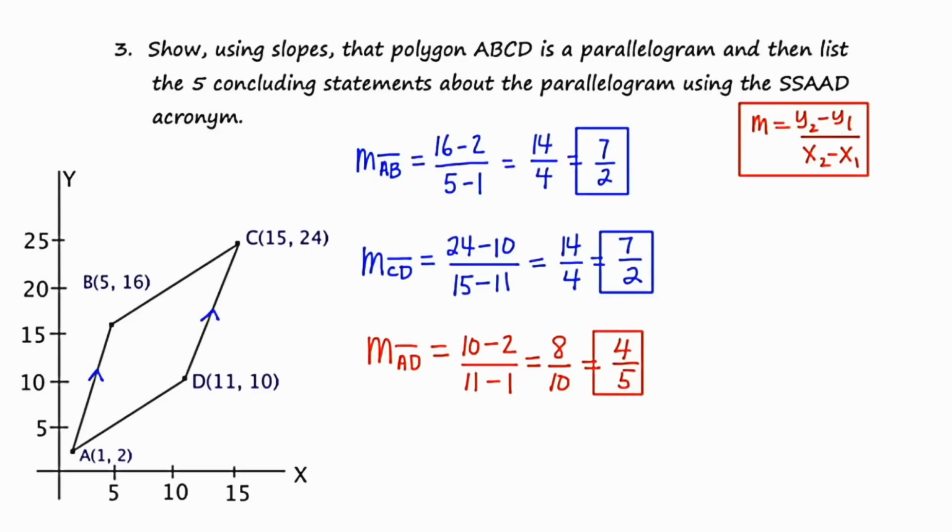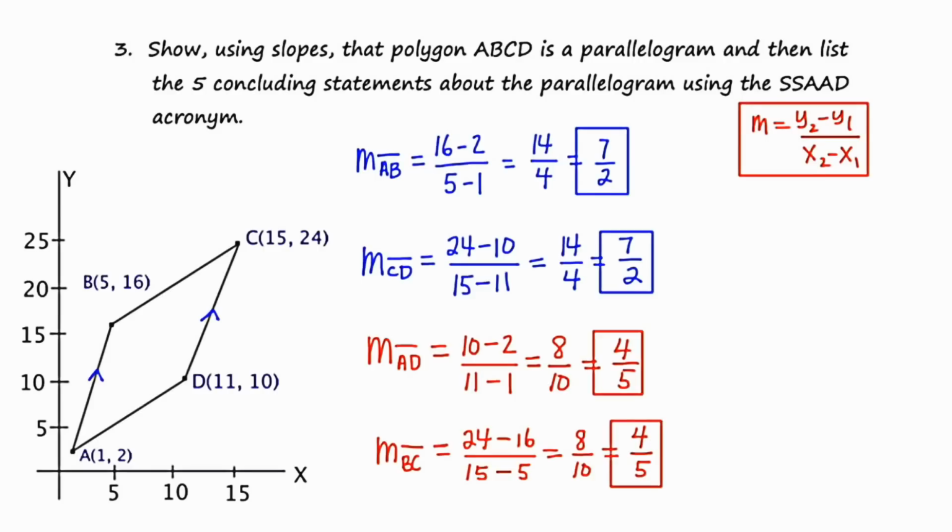Now let's jump up to the top segment, which would be segment BC. Okay, now my subtraction problem is going to be 24 minus 16 over 15 minus 5. This is going to leave us with 8/10 again, and that reduces to 4/5.